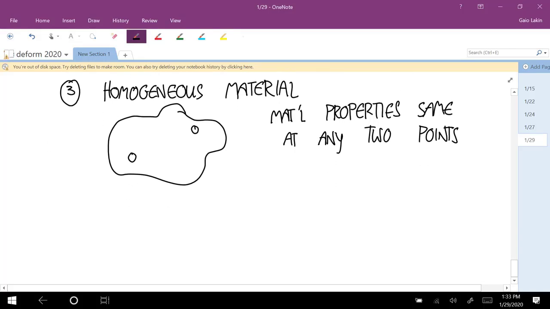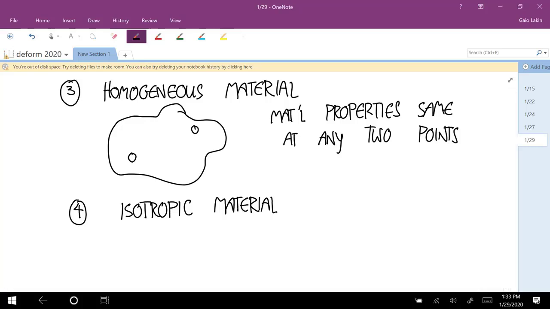And the fourth one is that the materials are isotropic. Isotropic doesn't talk about two different points, how they compare to each other. It talks about taking measurements at the same point in two different directions.